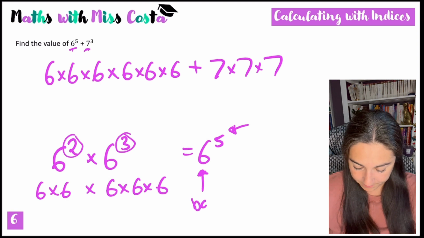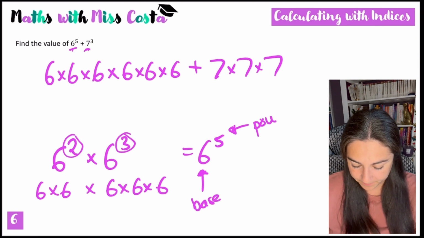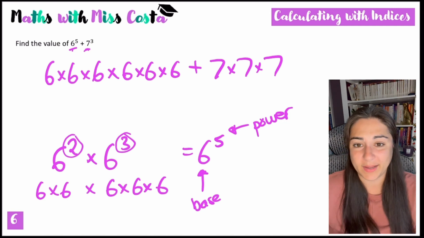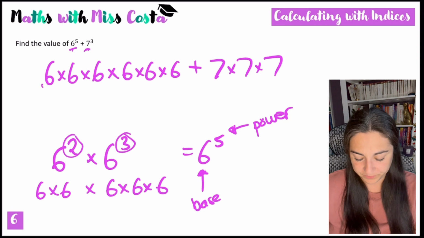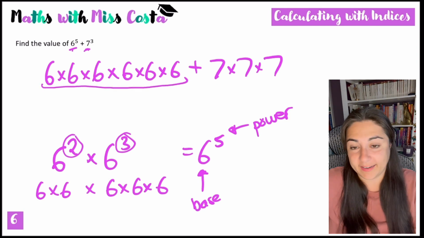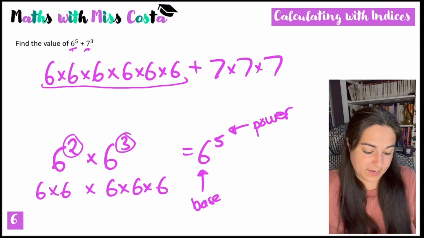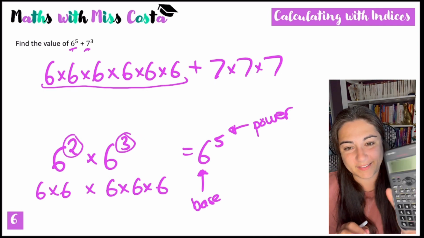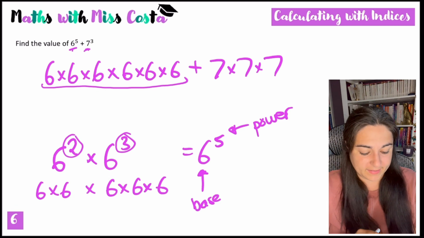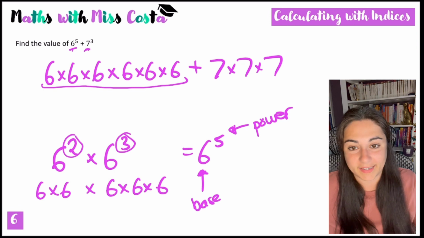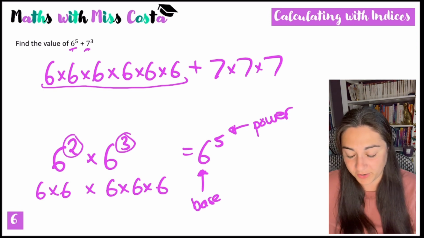The base is the big number, and the little one is the power. So if they do not have the same base, you can't use the laws of indices, and also you're adding them anyway, so the laws of indices wouldn't apply. So we just have to actually calculate this. So you've got your calculator, you type in 6 to the power 5, and if you don't know how to use that, then just type in 6 times 6 times 6, 5 times.